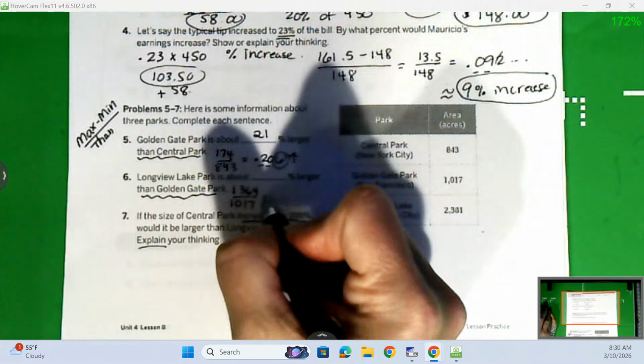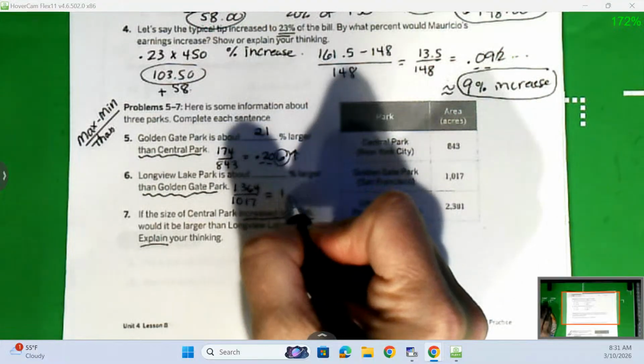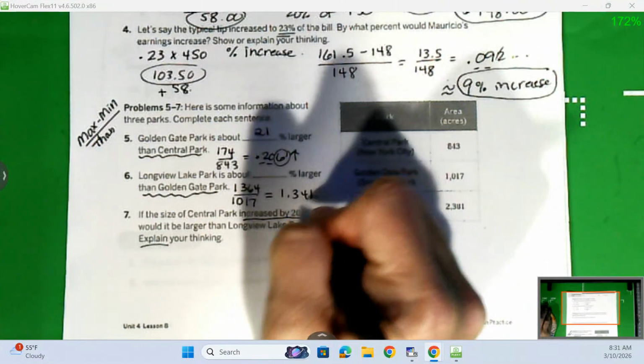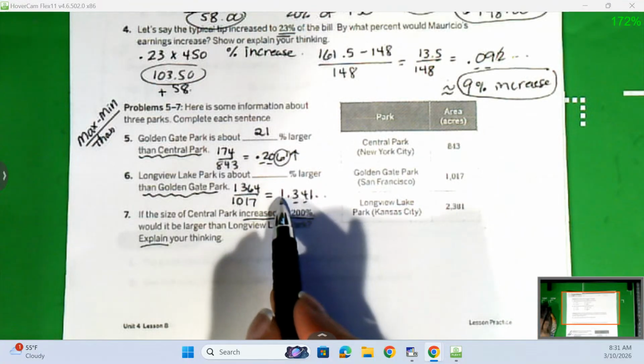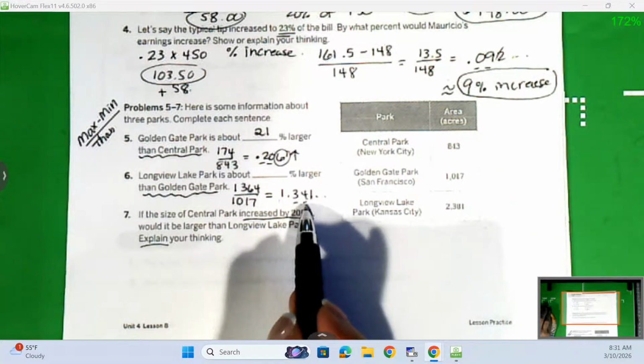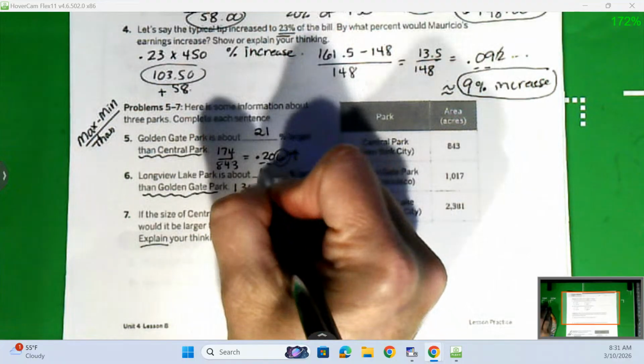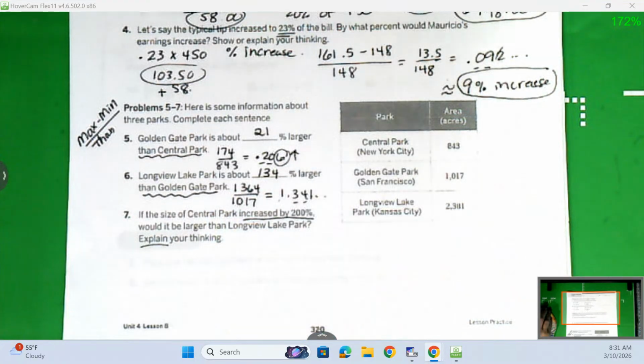Okay, then we divide, and we get 1.34, and it keeps going there. There's a 1 here, so that's not going to round up. So again, we have a whole number. That means 100% plus the 34%, or take your decimal and multiply by 100. And we have 134% larger for number 6.